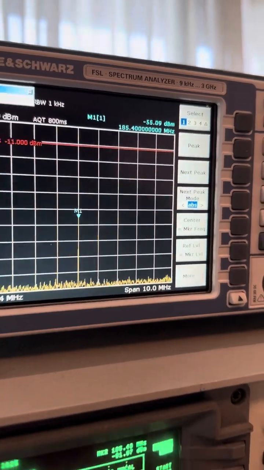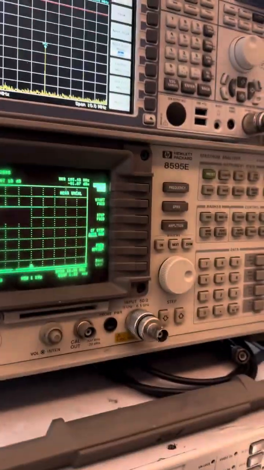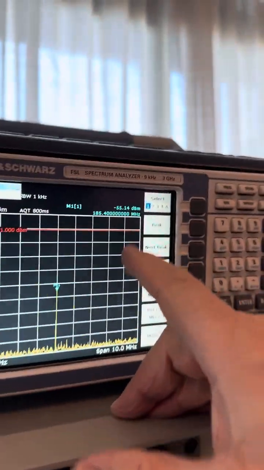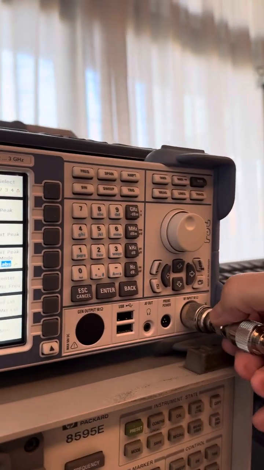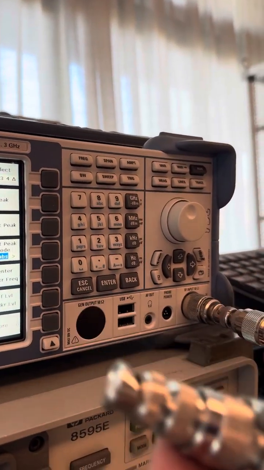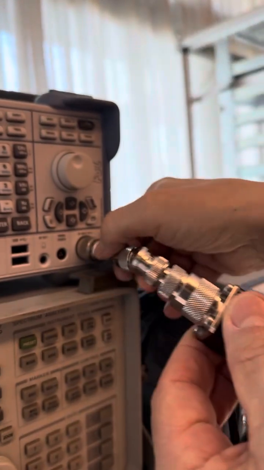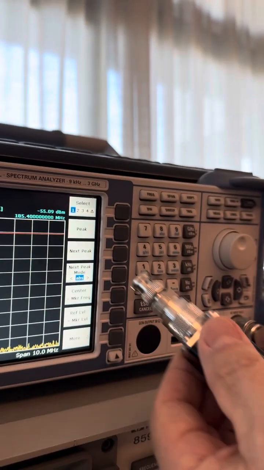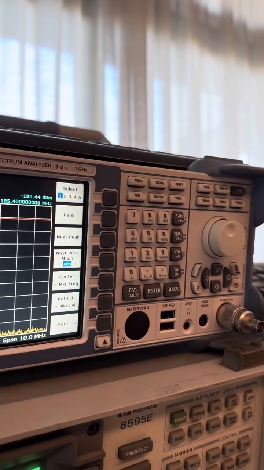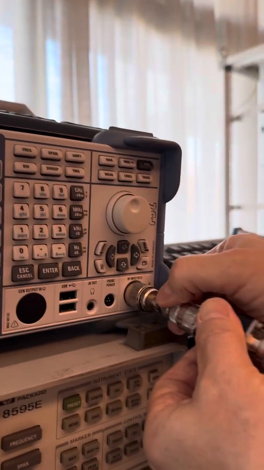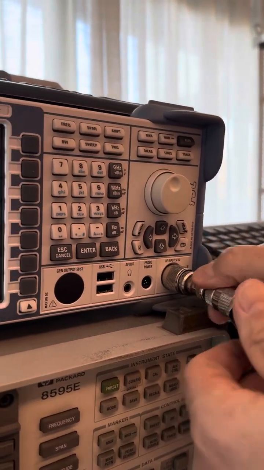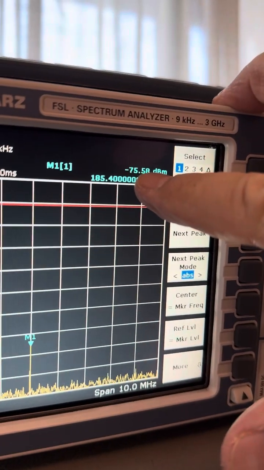But now take a look. I have minus 55. If I put a 10 dB attenuator in the input, I must have minus 65. But when I put it, I got minus 75.